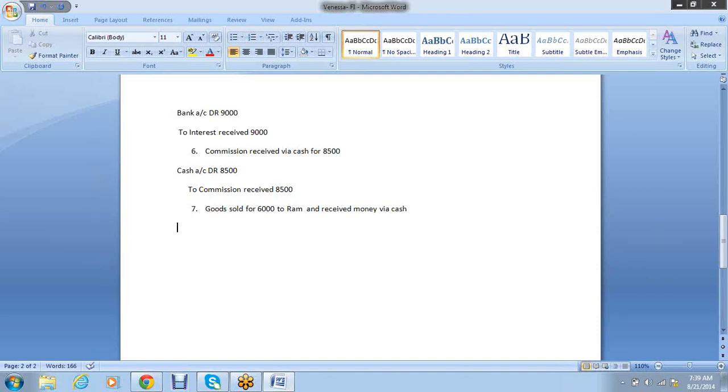Goods sold for rupees 6,000 to Mr. Ram and received money via cash. So Ram's account will be debited with the cash. The goods account will be credited, but I think the amount will be debited, and the cash account will be credited.